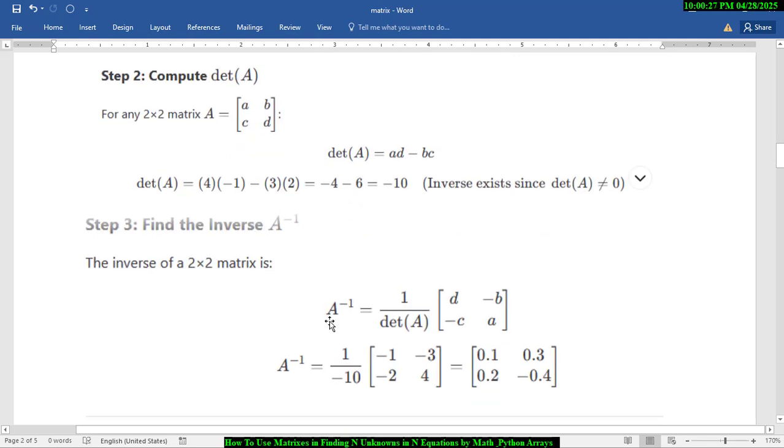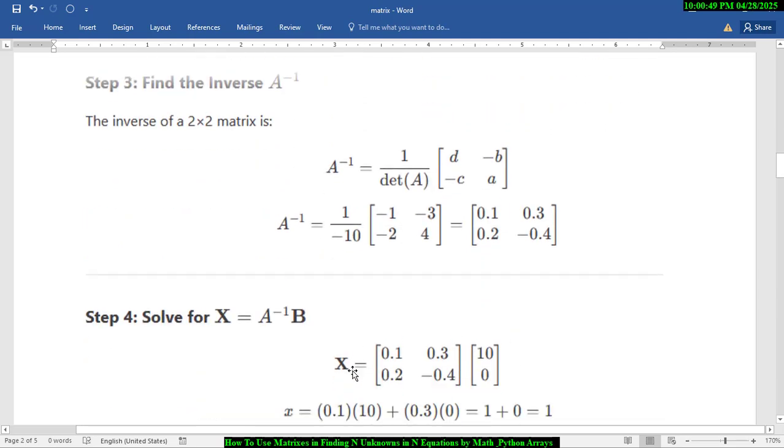Right. A minus 1 equals 1 divided by determinant of A, and then we have the transpose, which is A here and D here, and the minus or the reverse sign of the second diagonal. Okay, so this is A minus 1. Okay, then X equals A minus 1 times B.